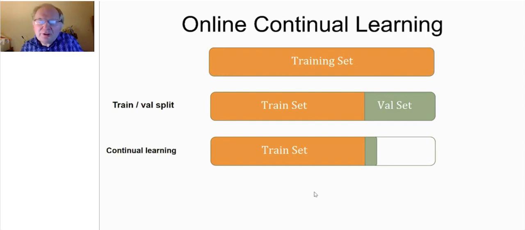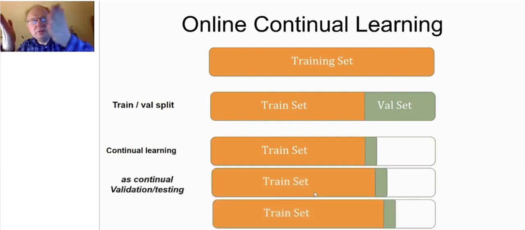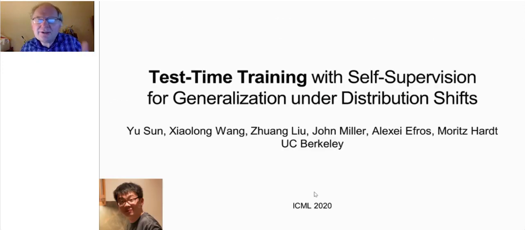So you first test on it, and after you test it, then you can update your model using that, and then move on to the next piece of data, and the next, and you could do this continuously. The only thing is, of course, you need to have either infinitely many labels for all this data or self-supervised learning.